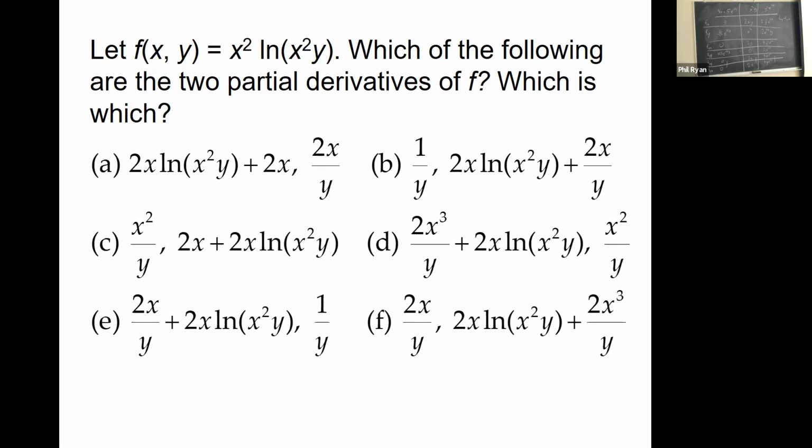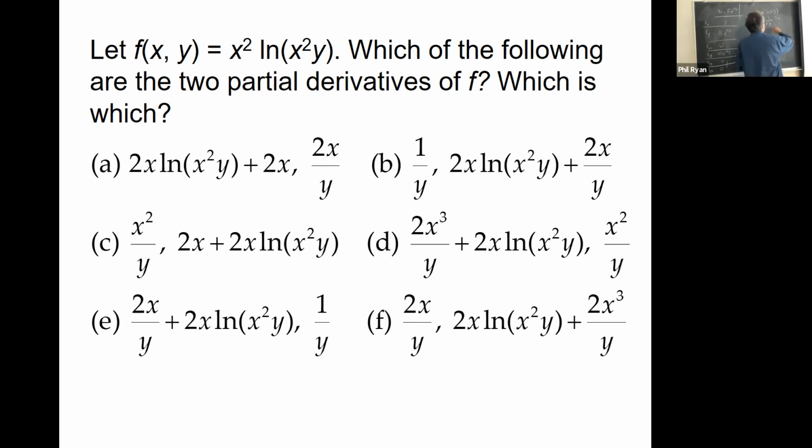So can anyone do that in their head? What is it? We've got x squared ln of x squared y. X squared, 1 over x squared y times the derivative of x squared y.